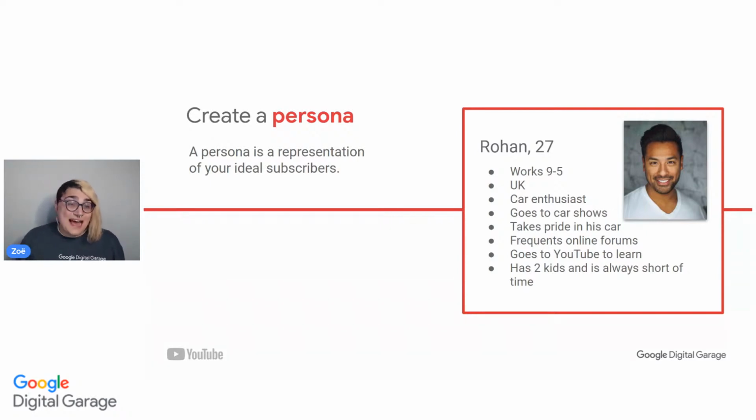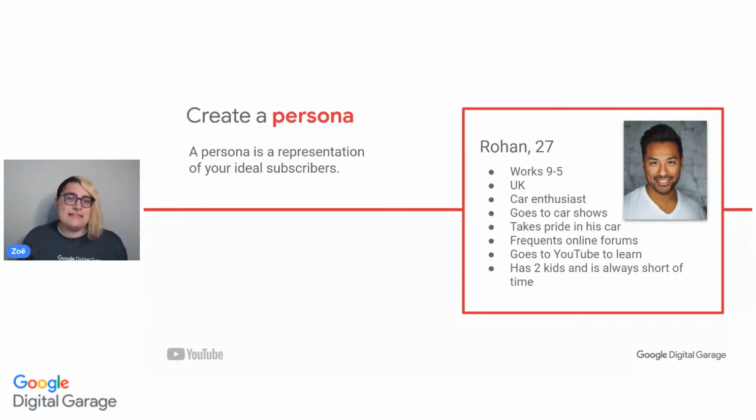So they've worked out that their average audience member, again, not representative of everybody, is a 27-year-old man with a full-time job based in the UK, who's very enthusiastic and passionate about their car and going to car shows, who spends their time online, either on forums or on YouTube, again, because they're passionate, but also they want to learn more. But also, Rohan is short of time because he is a father and has 2 kids, and therefore is always a little bit short of time.